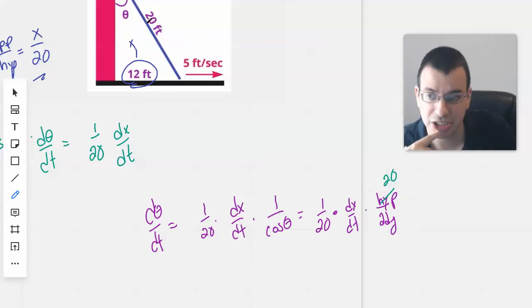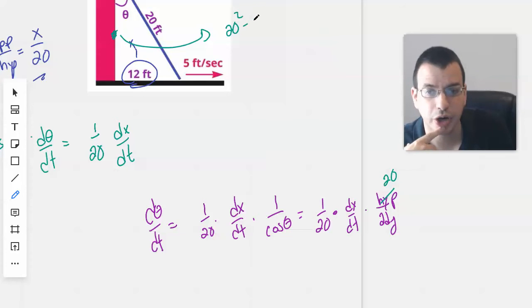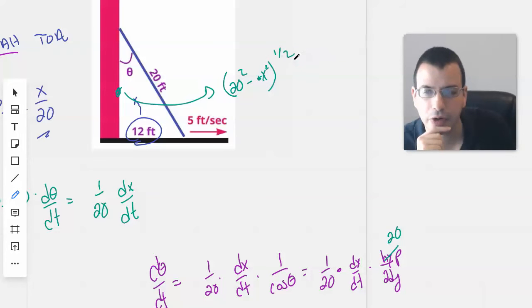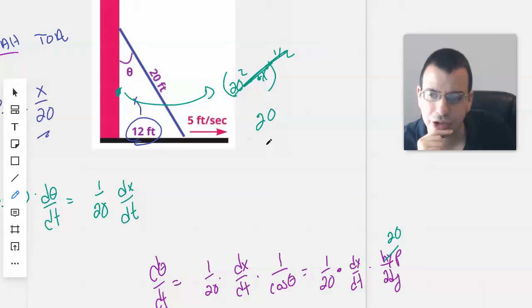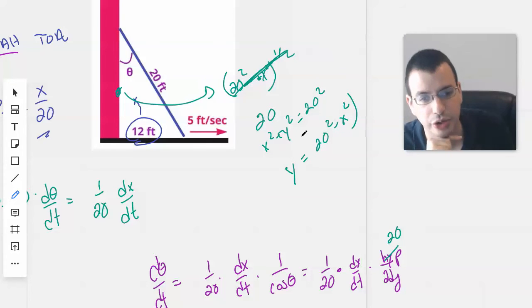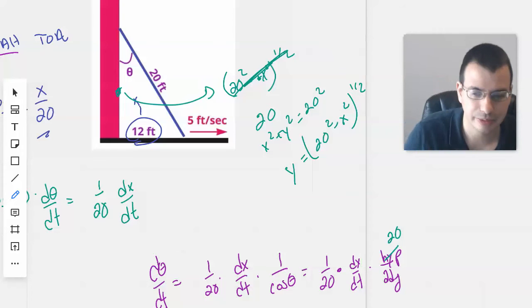And then adjacent, which would be this part right here, would be 20 squared minus x squared, square rooted. Maybe. So it'll be x squared plus y squared equals 20 squared. So then y equals the square root of 20 squared minus x squared. Yep, I was correct. Go team.